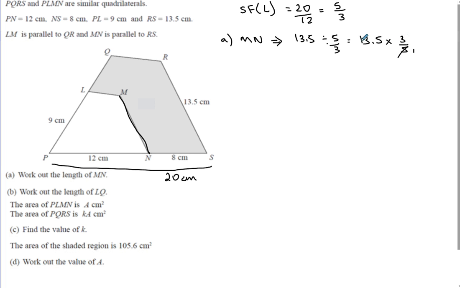That's 1, that's 2.7, and 2.7 times 3 is 8.1 centimeters. Question B, work out the length of LQ. So that's that bit there. Again, prepare in advance, because with all these scale factor things, we're going to actually be calculating that whole length.